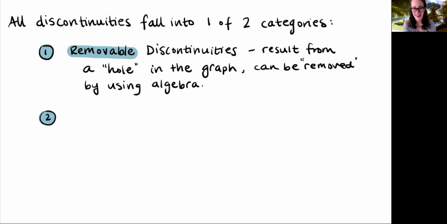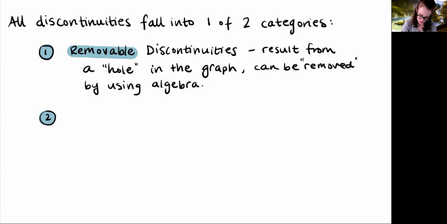I just want to point out again that when you remove a hole, you get a new function, but with limits, it doesn't matter, right? Because you don't actually see what happens at that point when you're finding a limit. But anyway, when you have a hole, we'll call that a removable discontinuity.